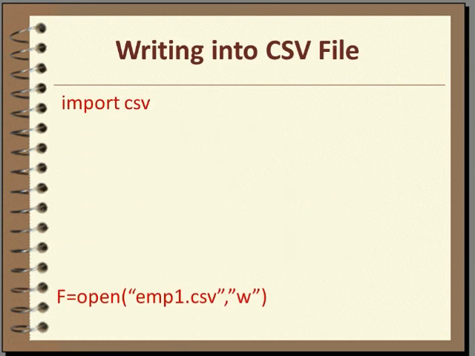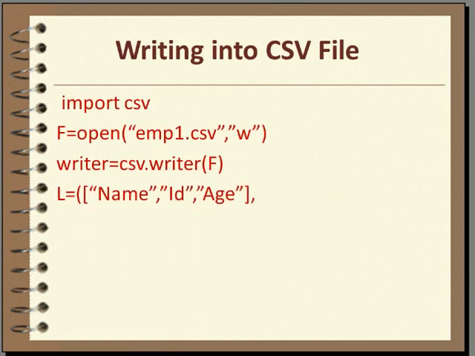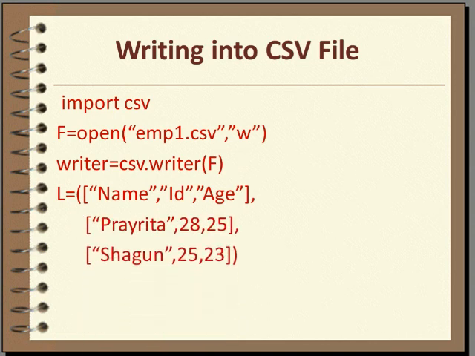How I will do it, I will show you. So here I have taken a tuple of lists. In my tuple I have three records, and a single time I have written writerows and passed it the tuple.